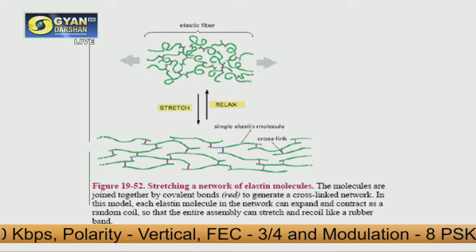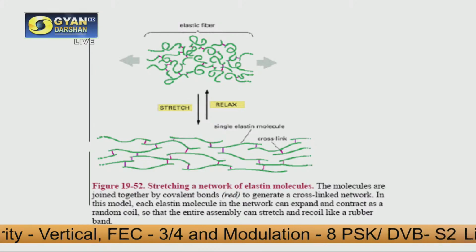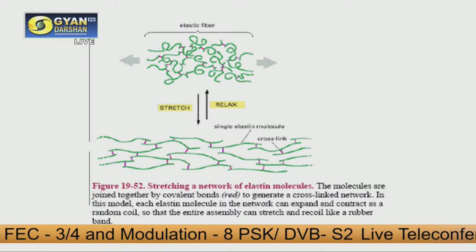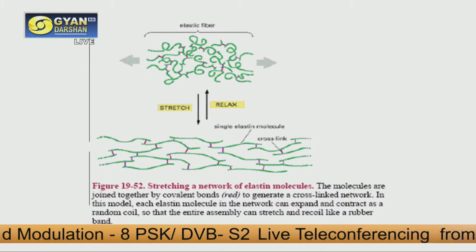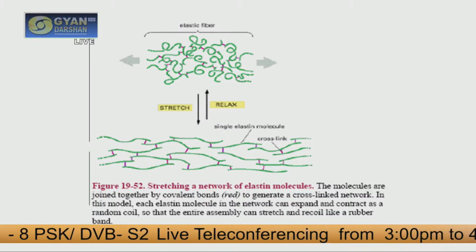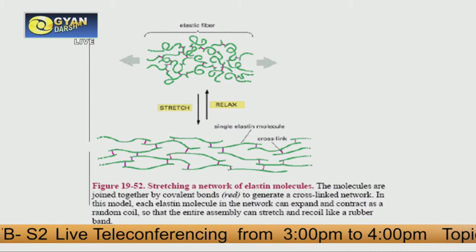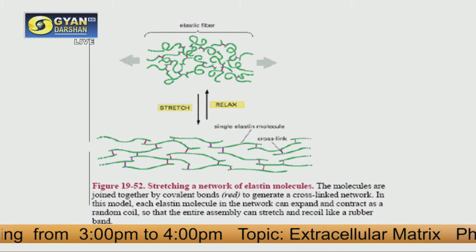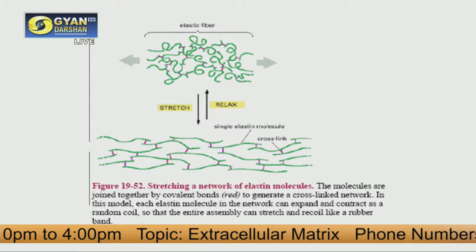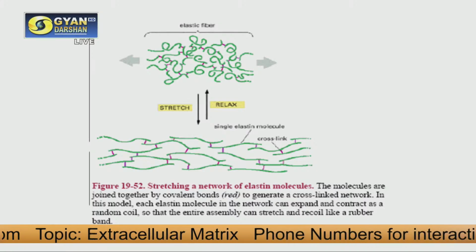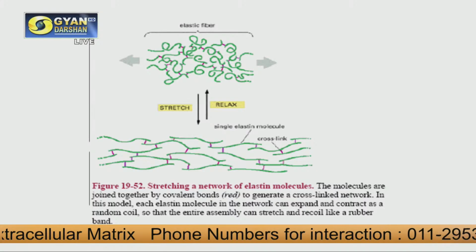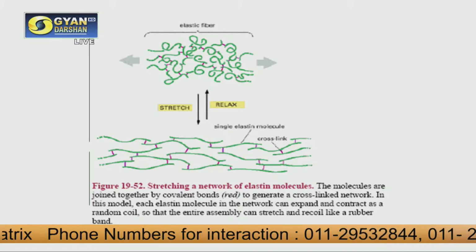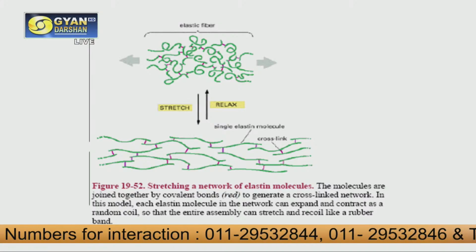In this model, each elastin molecule in the network can expand and contract as a random coil. So, sometimes there is stretching and sometimes there is contraction, just like a rubber band that you can stretch out and again relax. It is the same kind of mechanism.